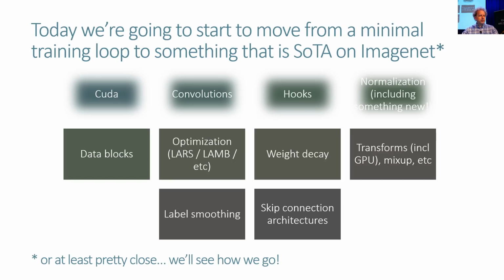So we're going to keep going through this process to try to create our state-of-the-art ImageNet model. The specific items that we're working with are images, but everything we've covered so far is equally valid, equally used for tabular, collaborative filtering and text, and pretty much everything else as well.